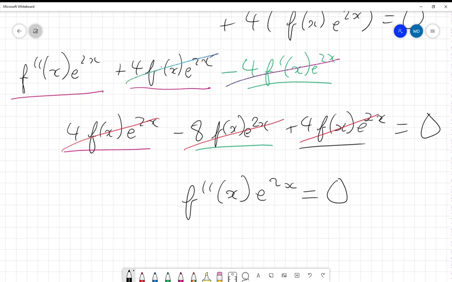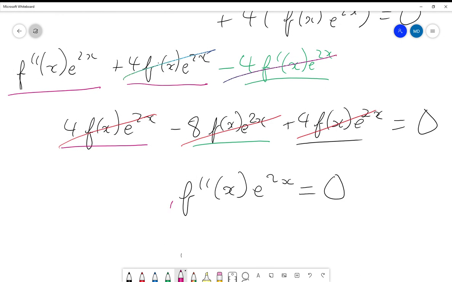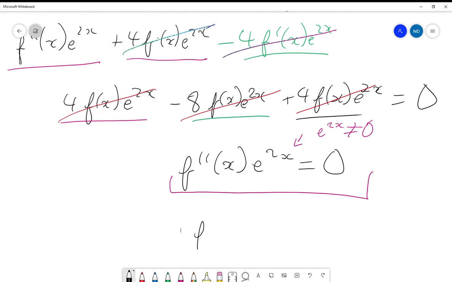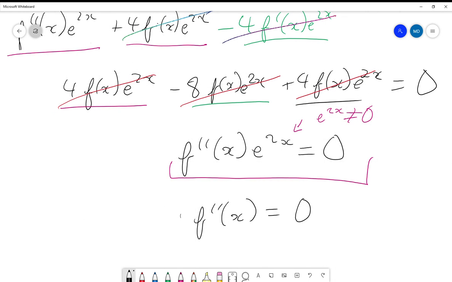And this is the key equation that we've derived that's going to let us find out what that extra bit is, what that f of x must be. Now, e to the 2x cannot equal 0. There's no chance of that, so we can just divide through by it, and we get f double dash of x must equal 0. That is the only possible way that this equation equals 0.